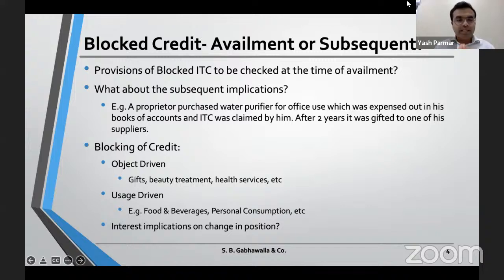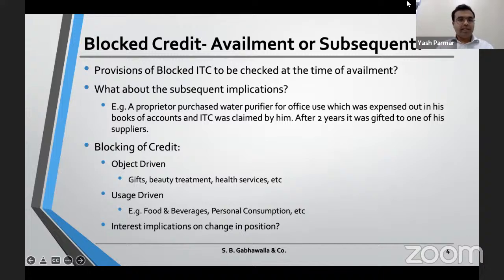Only when I'm availing the credit, I need to analyze whether it is blocked under section 17.5 or not. Once I have availed the credit, and subsequently say after 2 years or 3 years down the line, if the use case of that product is changing, then again I am not required to revisit these provisions. So strictly these provisions are to be reviewed, are to be interpreted only at the time of availment of credit.